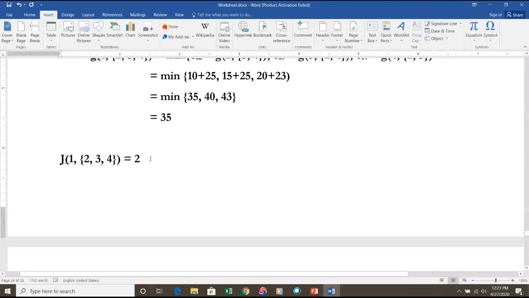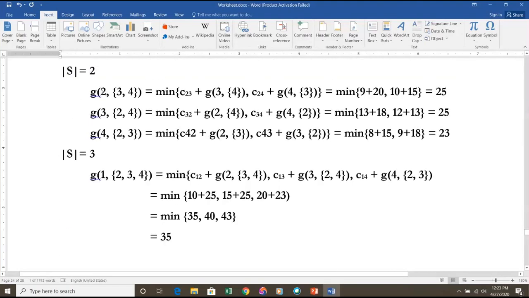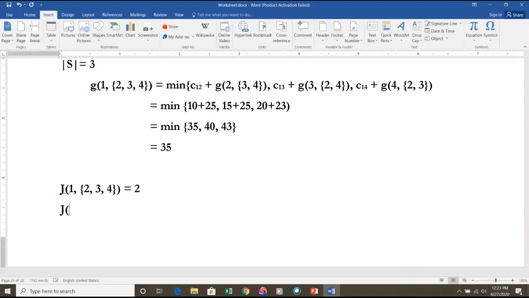Next, we have to consider starting from 2. So we see the previous one starting from 2. This is the sub problem that we solved, 2 comma {3, 4}, so that is j of it. For this, which is the minimum that we got?